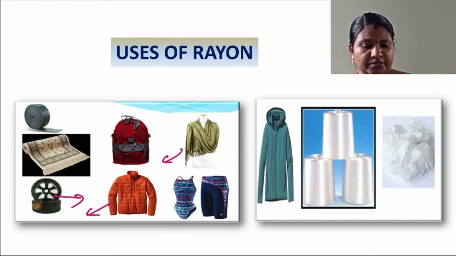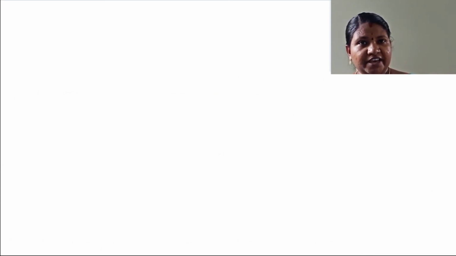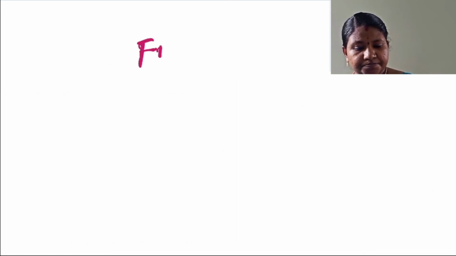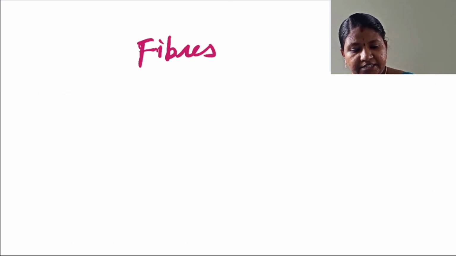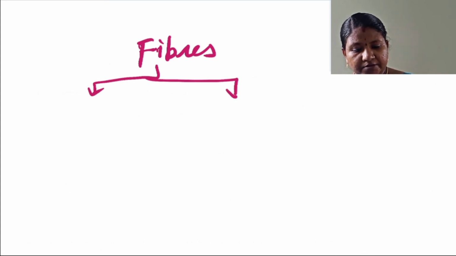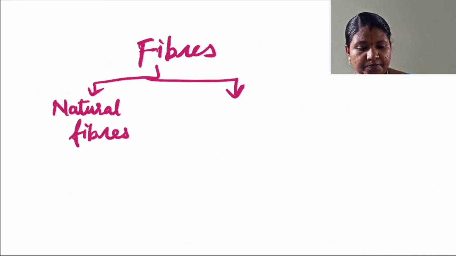Fine. So in this session, let us see a recap of what we have seen. We have seen fibers and the classification of fibers, namely natural fibers and synthetic fibers.